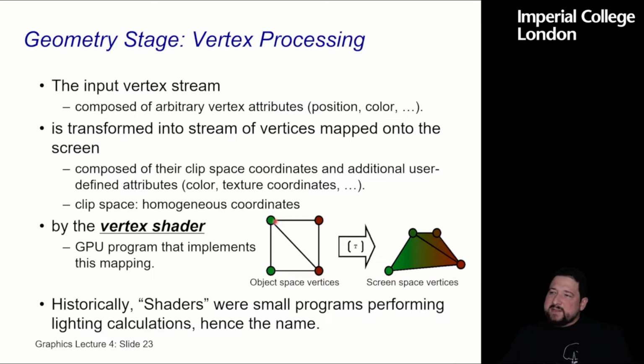The rasterization allows you now to interpolate between these, not only positions after the transformation, but also, in this case here, the color, right? So you would always get a linear interpolation of the color. So this mapping here, how these are moved and mapped to the screen space vertices, this can be programmed in the vertex shader.